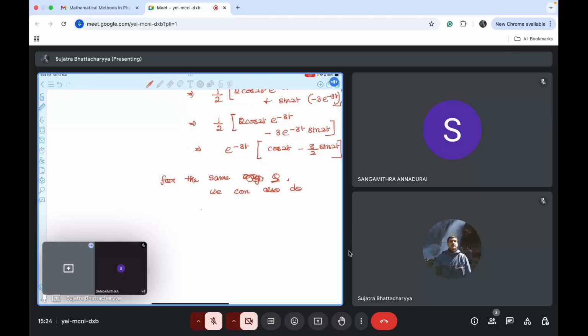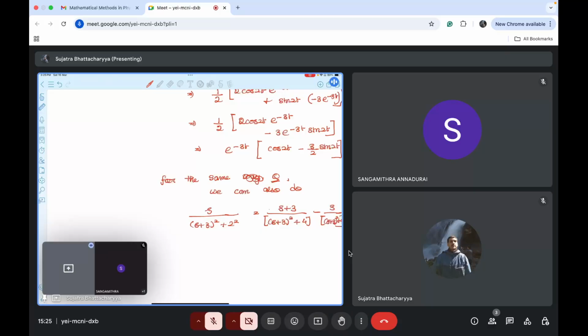Also do, say, what is being given? So s upon (s plus 3) whole square plus 2 square, or 4, is there. I can write this as (s plus 3) upon the same denominator, (s plus 3) whole square plus 4, minus 3 upon (s plus 3) whole square plus 4. Alright, this also we can do.